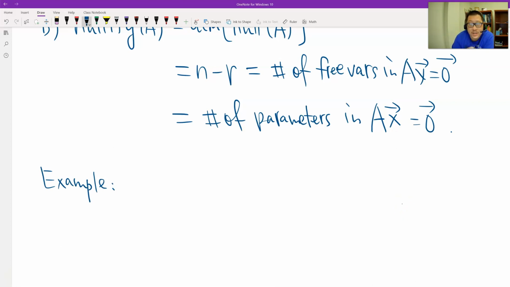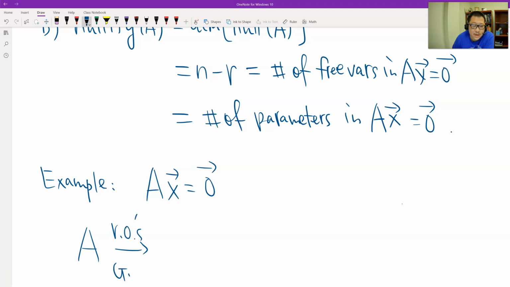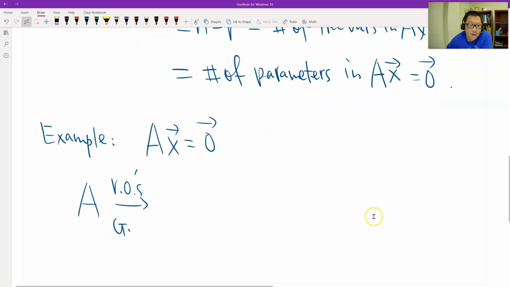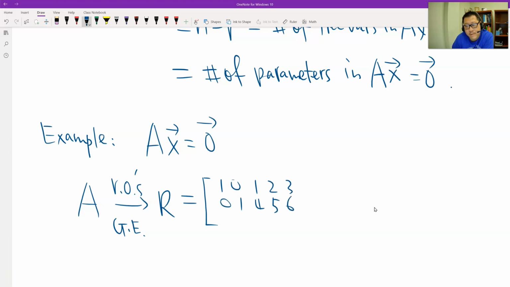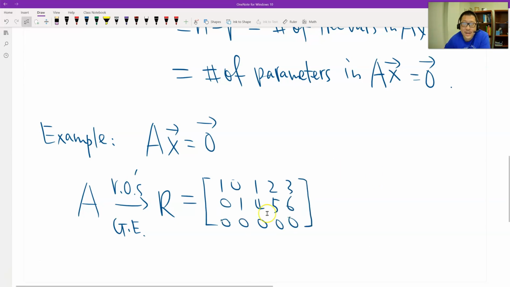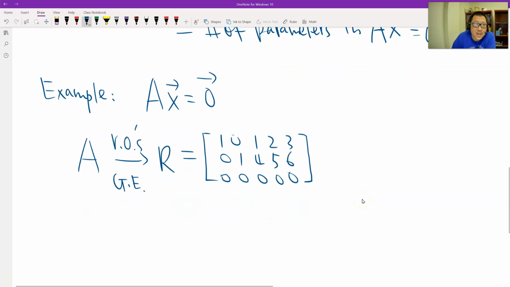I set up a homogeneous linear system, let's say AX equals 0. Suppose A goes through row operations, we use Gaussian elimination, and we find that the reduced row echelon form is R. Let me give an example of R. Look at this example.